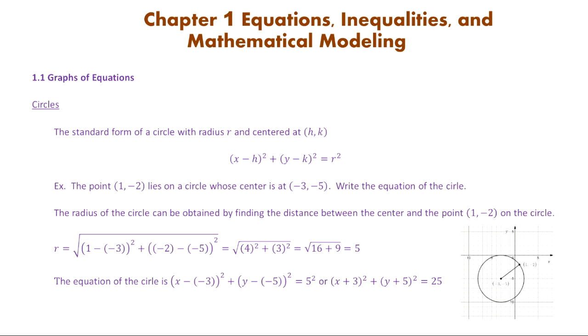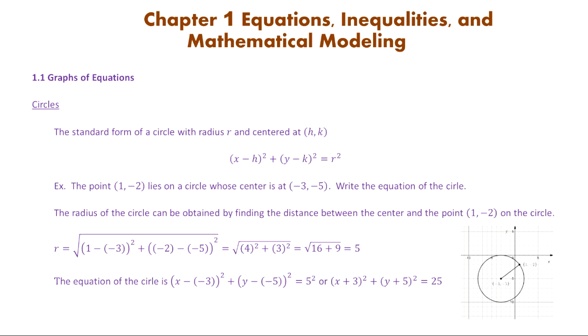It's not given in the problem, but we can calculate the radius from the point (1, -2) to the center. The distance between those two points gives the radius, right? So just use the distance formula.